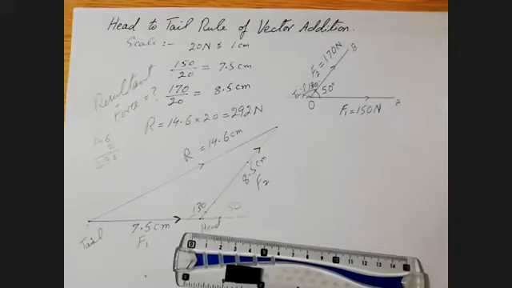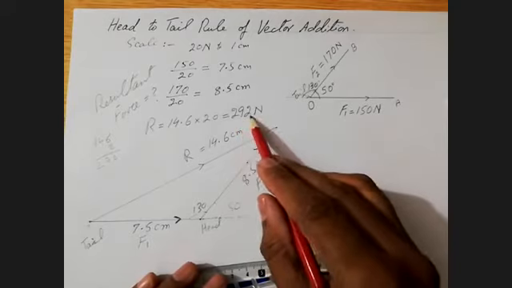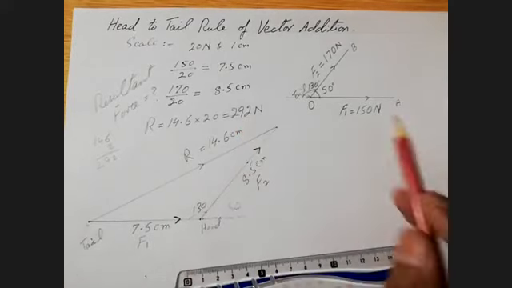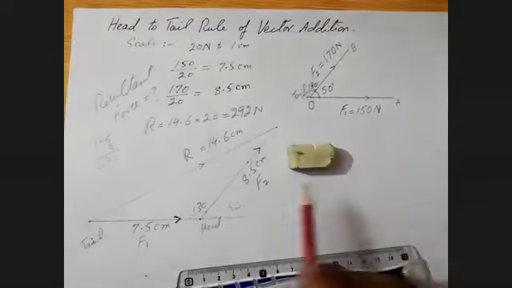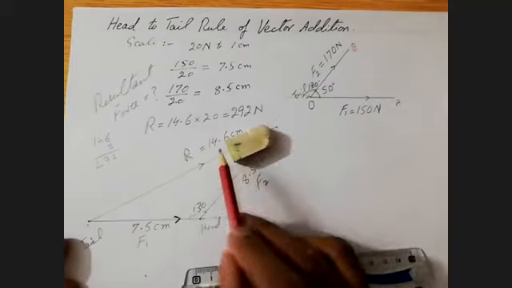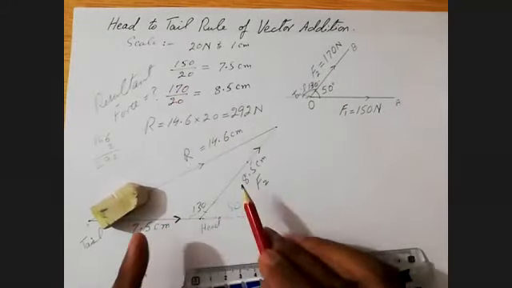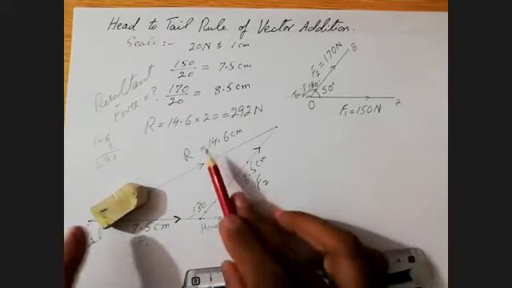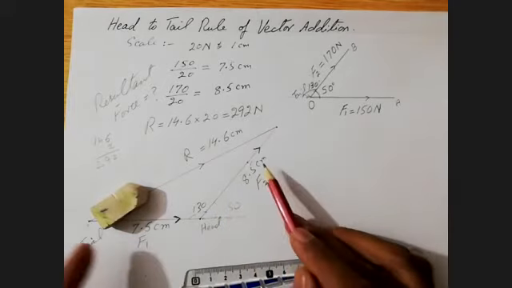Another question which you were asking: what is the meaning of 292 Newtons? Actually, 292 Newtons is the force with which this eraser is going in this direction. Listen to me carefully. The 292 is the combined effect of these two forces.